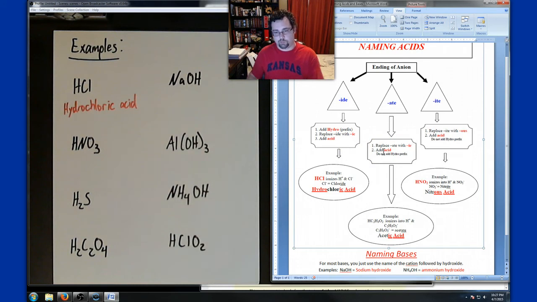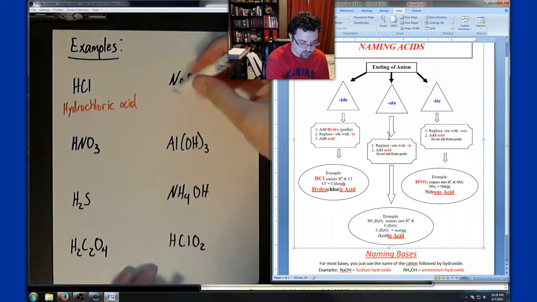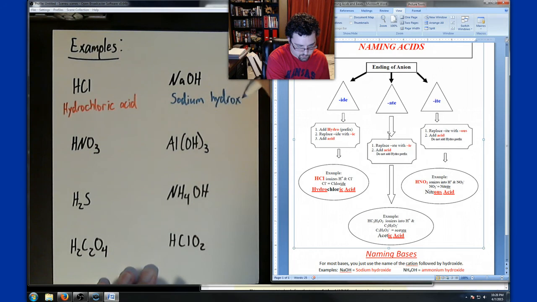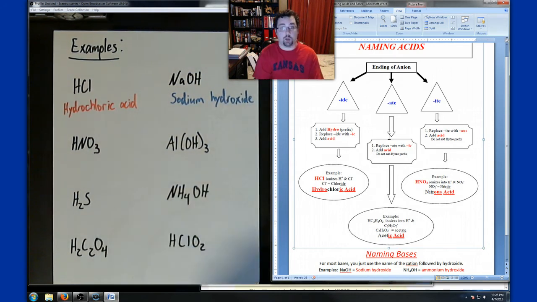For bases, bases are really simple. For most common bases, you just use the name of whatever the cation is, the positive ion, followed by hydroxide for the OH. For example, NaOH is just sodium hydroxide. Nothing too complicated about base naming.